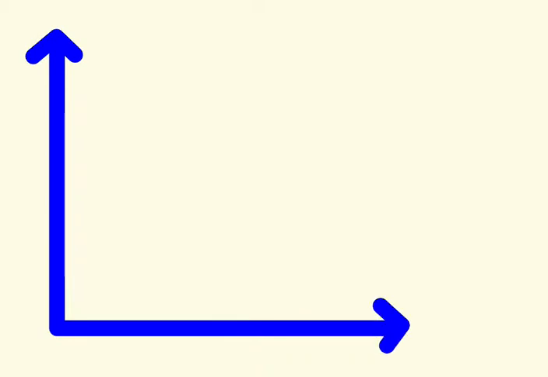Let's make some tick marks. Remember the function. I'm going to make the font a little smaller. The function is s equals, the distance is 5t squared. It's a parabola, going up like a cup.